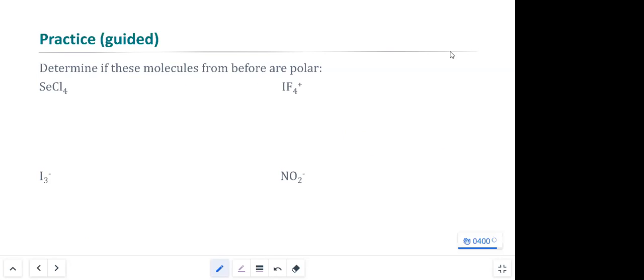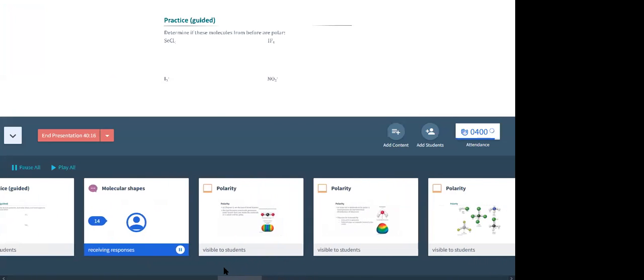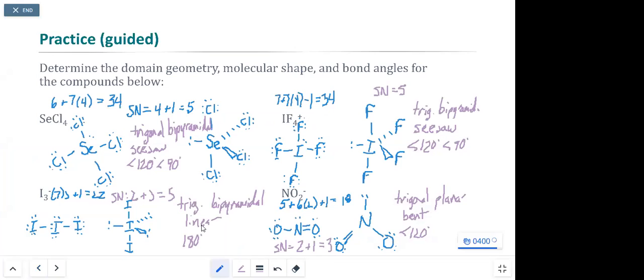So let's go back to our previous question here, and let's determine if these are polar or nonpolar molecules. And so we're just going to jump backward a bit to these shapes and see if we can determine if they are symmetrical or not. So let's take, for example, our seesaw, the selenium tetrachloride.